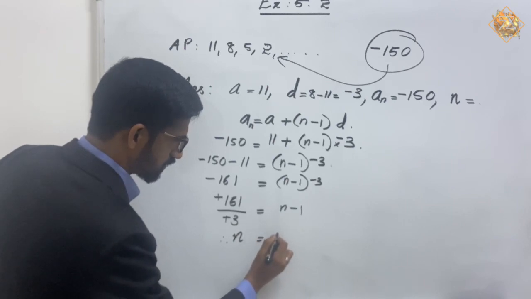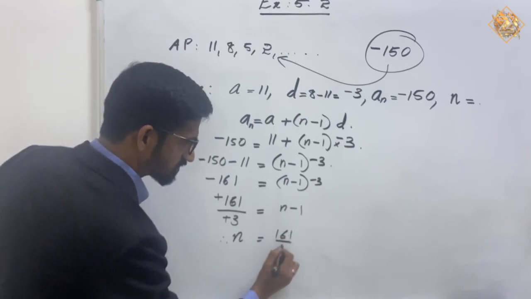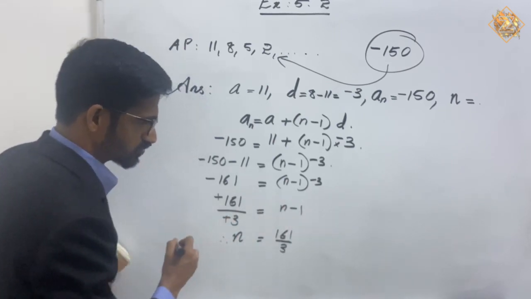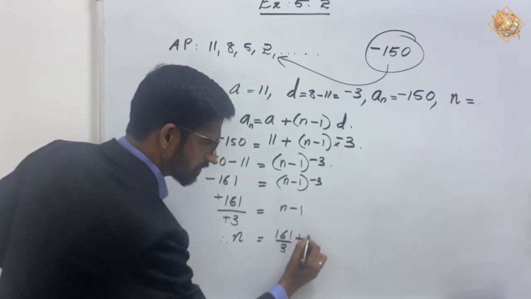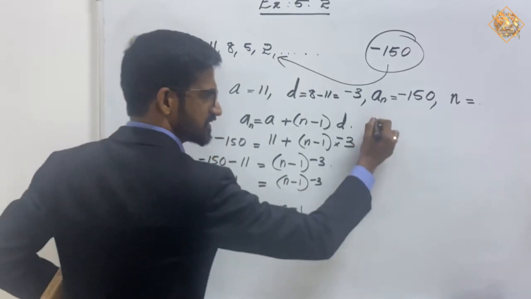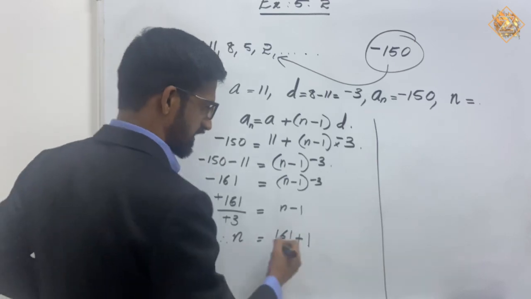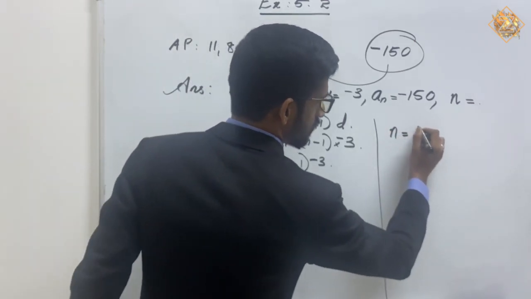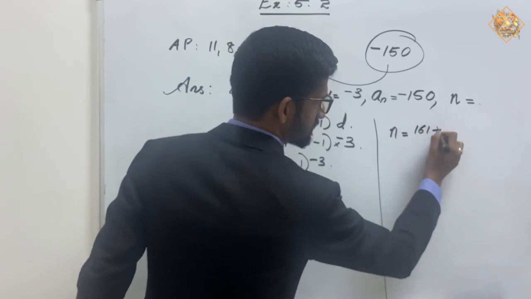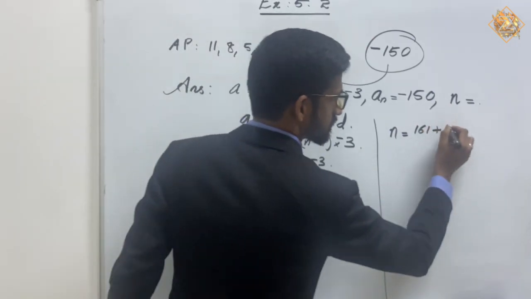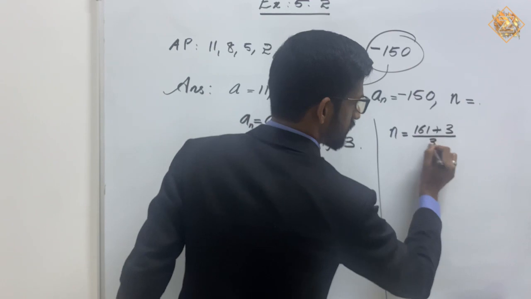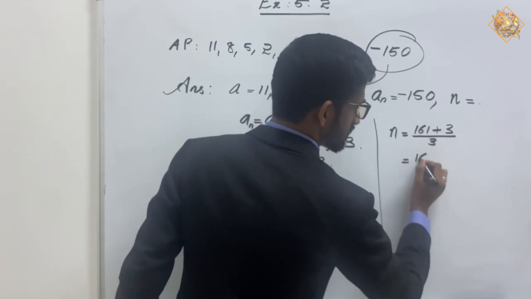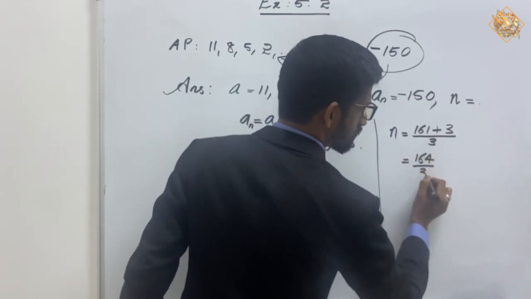N equal to 161 by 3, and minus 1 will go to the other side and it will become positive. Now we can do the cross multiplication here. So N equal to 161 plus 3 into 1, it is 3, by 3, is equal to 164 by 3.